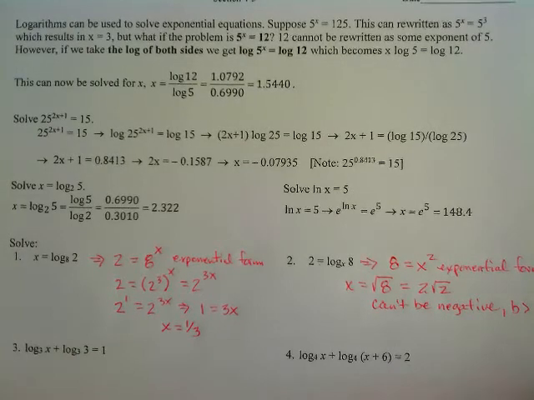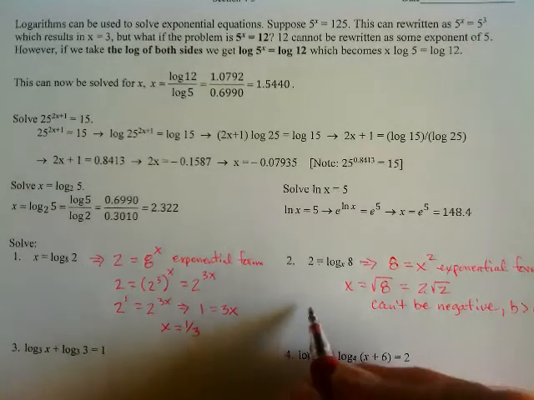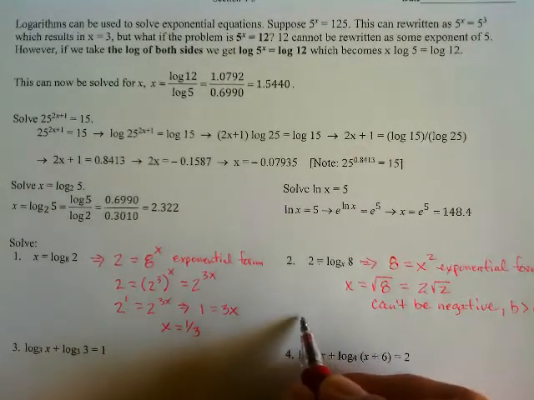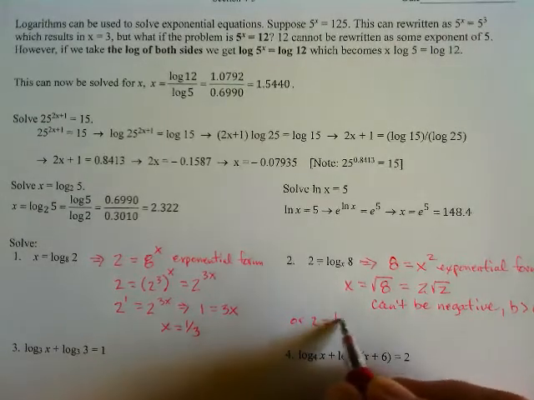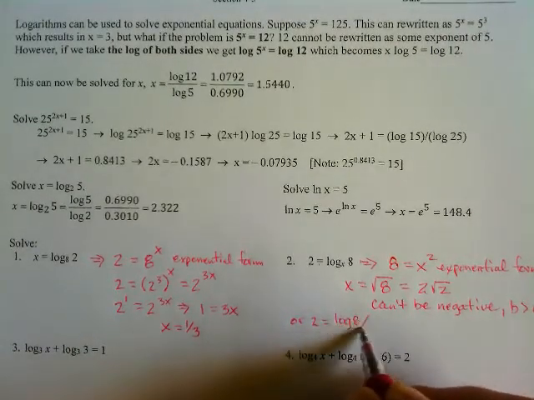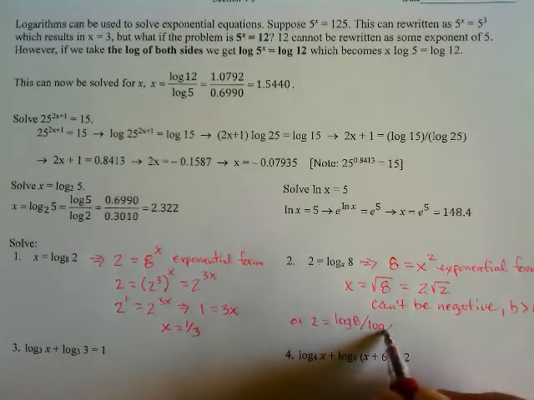Now, another way that we could have looked at this is we could have done change of base. And so in that case, we could have said 2 equals log 8 over log x.